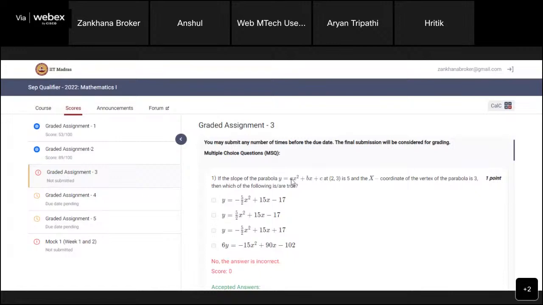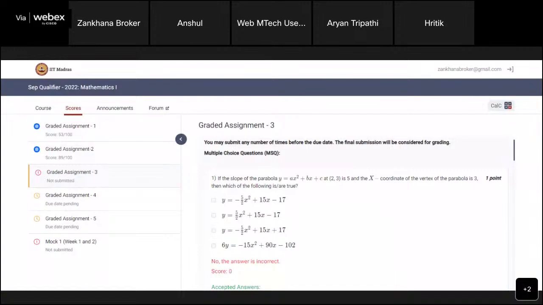Now that you have this condition, minus b by 2a is equal to 3, you have 4 equations in front of you. One by one, try inserting the values of b and a into minus b by 2a, and if that results in 3, that means it passes the first condition.